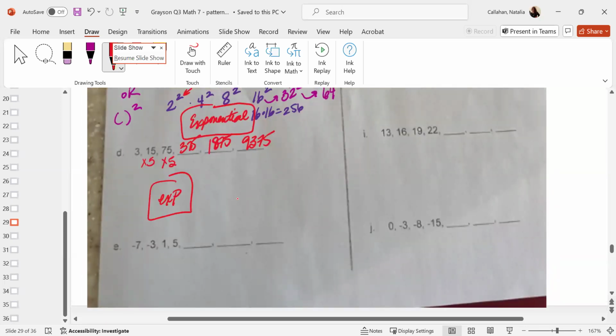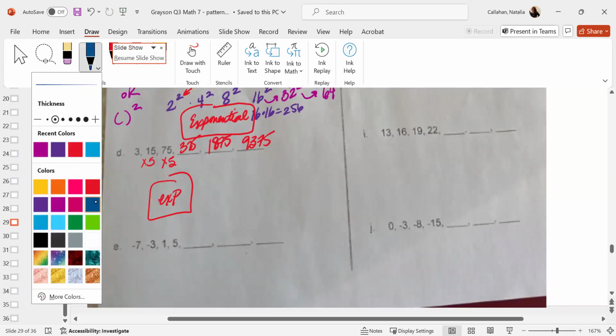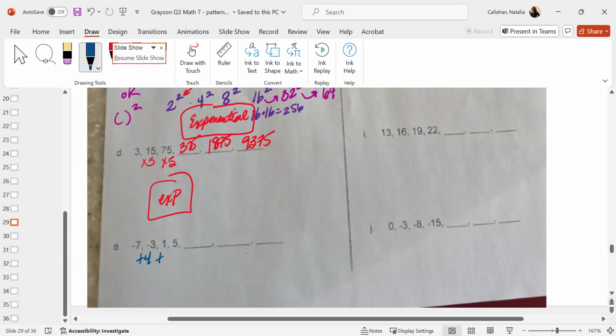Okay, E. You look at E, is it jumping big or small numbers? Like differences? Small. How do you go from -7 to -3? Like 4 times.